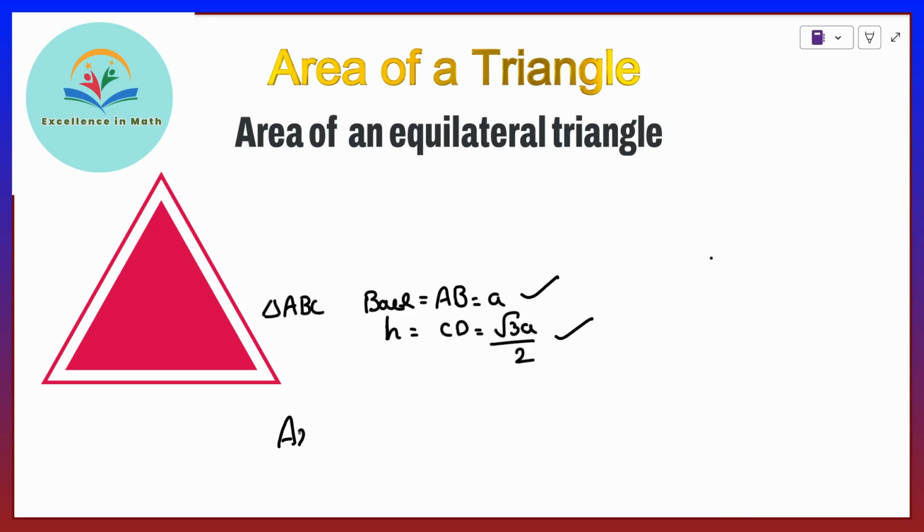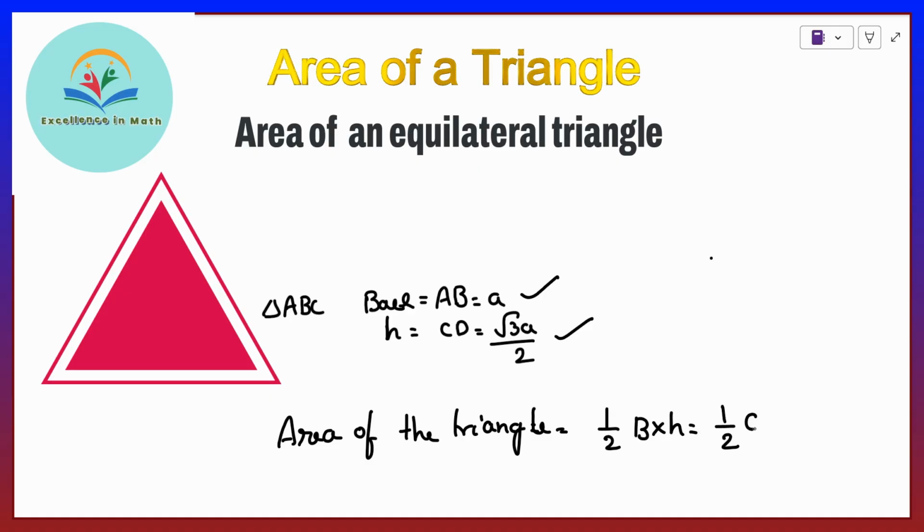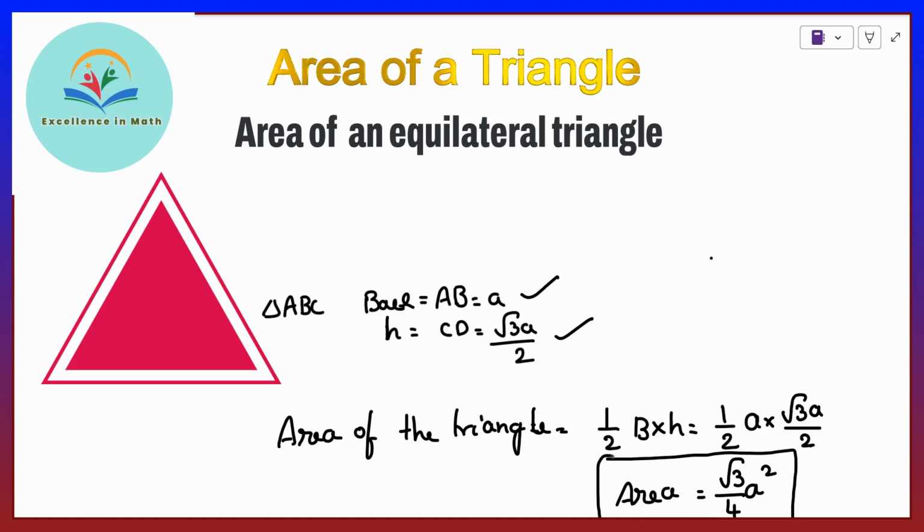The area of the triangle ABC is equal to half of base times height. That is half of A times the height, root 3 A by 2, that is equal to root 3 by 4 A square. This is the formula for the area of an equilateral triangle whose side is equal to A.